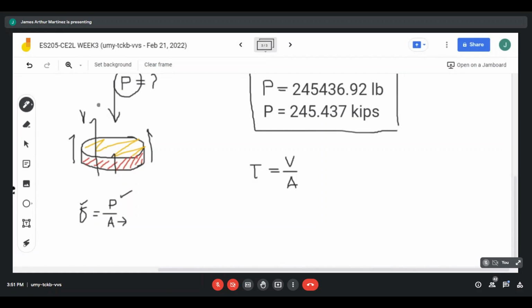That is the circumference of your hole times the thickness of the plate.